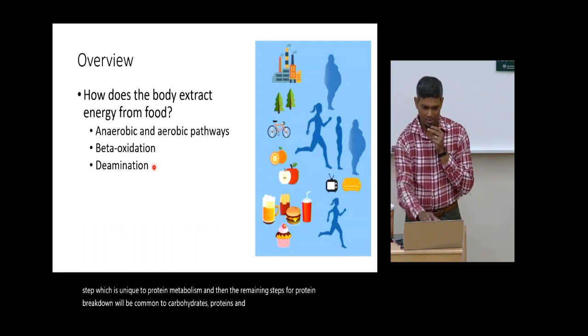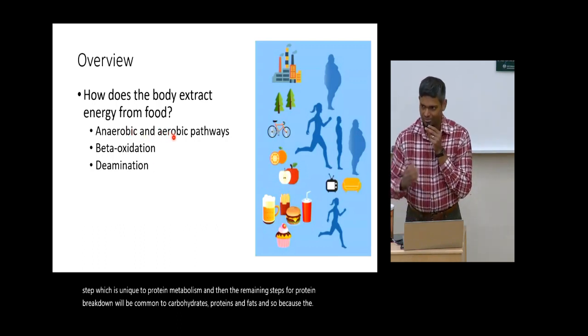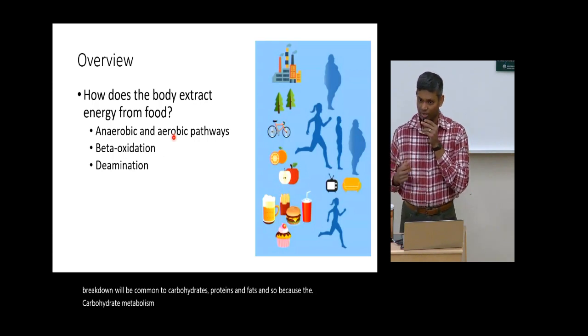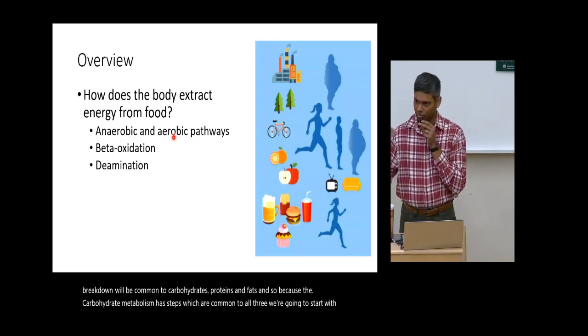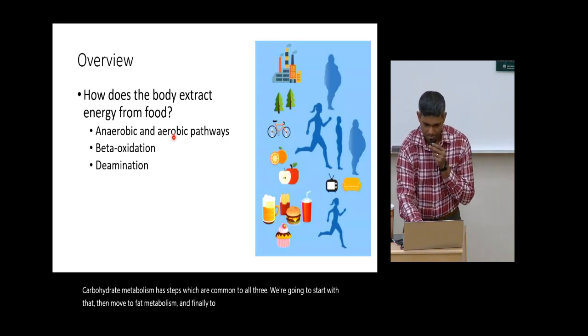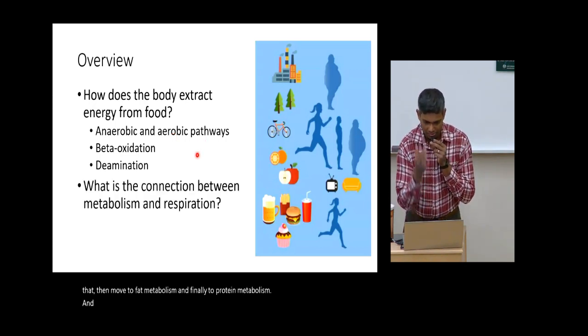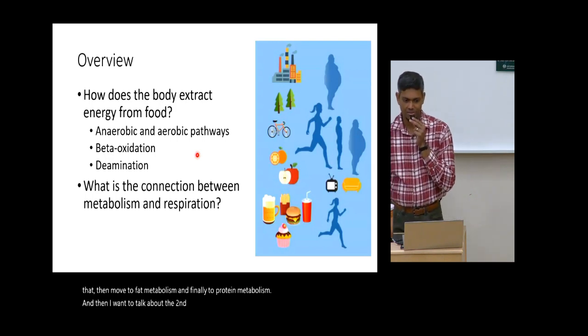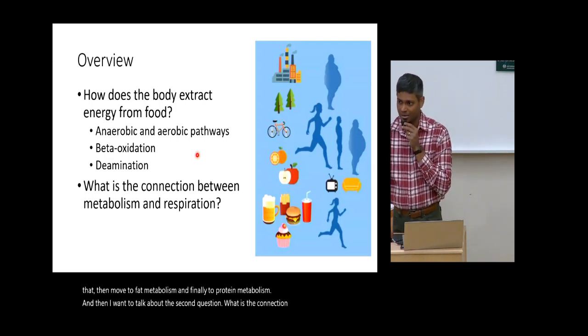Because carbohydrate metabolism has steps which are common to all three, we're going to start with that, then move to fat metabolism, and finally to protein metabolism. And then I want to talk about the second question: what is the connection between metabolism and respiration?